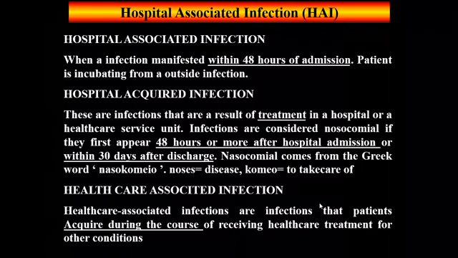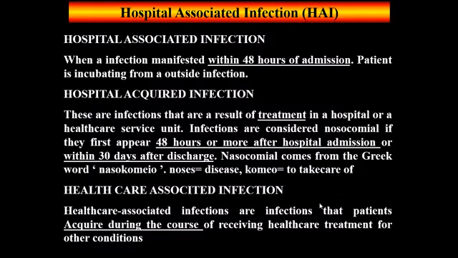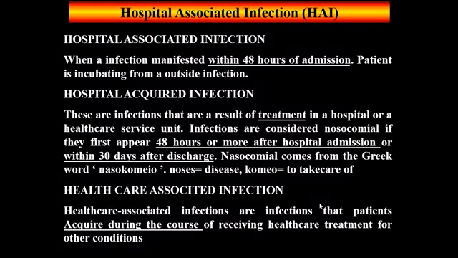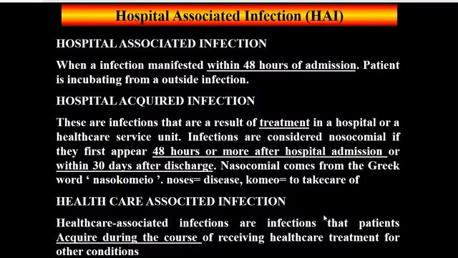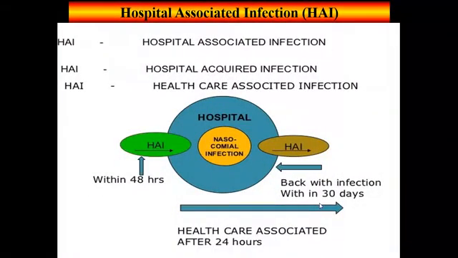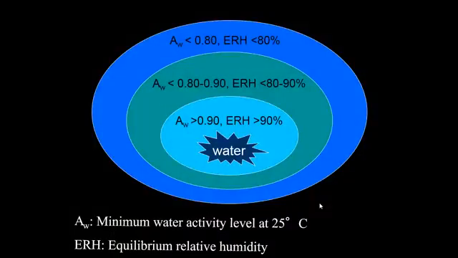If you go home and the infection appears within 30 days, it's hospital acquired infection. Healthcare associated infection is an infection that a patient acquired during the course of receiving healthcare treatment for another condition. So we have these three terms, and this figure illustrates the difference between them.